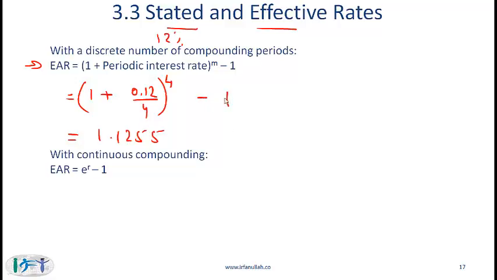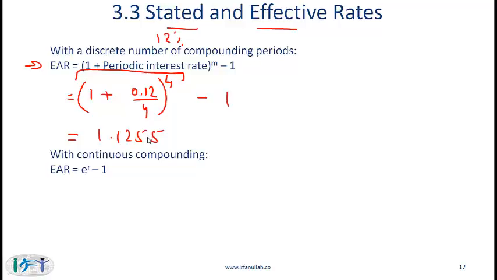A lot of people get confused about this minus 1, and the idea is actually fairly straightforward. If you look at this part of the expression, essentially we have 1.03 to the power of 4, which is telling us how much $1 will become at the end of 4 periods, each period being a quarter. $1 is going to become 1.1255, but this is not a rate.